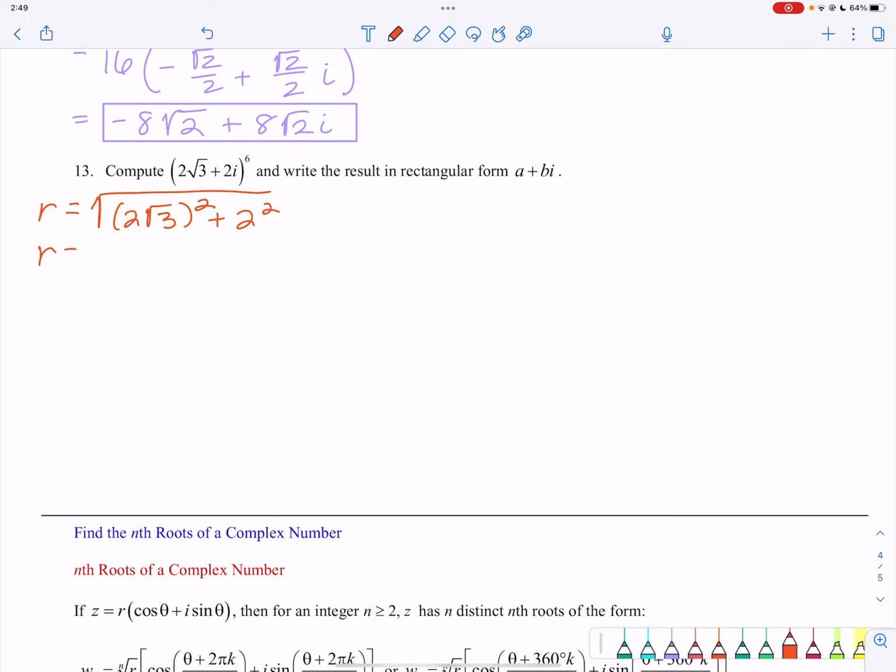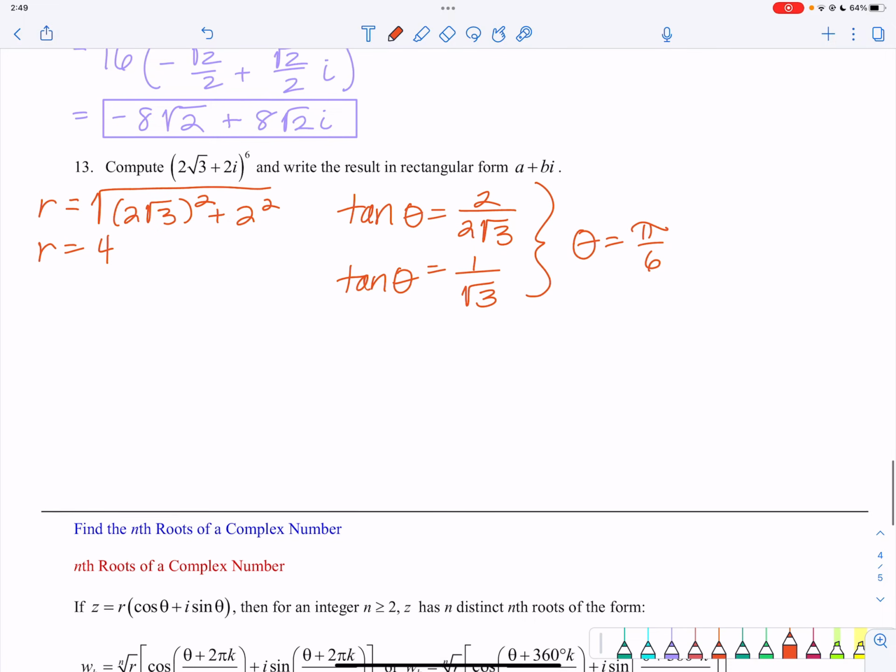And you'll come up with R equal to 4. And then we have the tangent of theta is 2 divided by 2 root 3. And that is equal to 1 over root 3. So theta is equal to pi over 6.